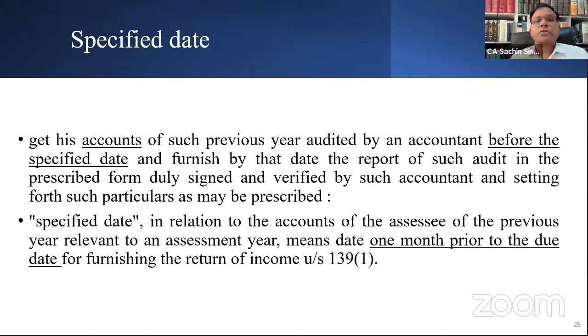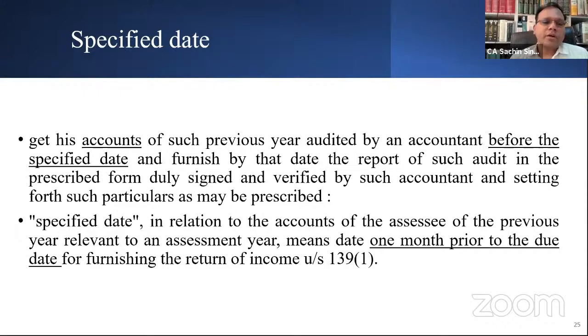This is a very important section because this part of the section says that the accounts have to be audited by the accountant, and where the accountant is defined, that is in the explanation to 288. When we go to the explanation to section 288, it says that under 141 subsection 2 of the Companies Act, the auditor means that which is given in that particular section. So that is not the subject of our debate. Now the term is get his accounts audited.